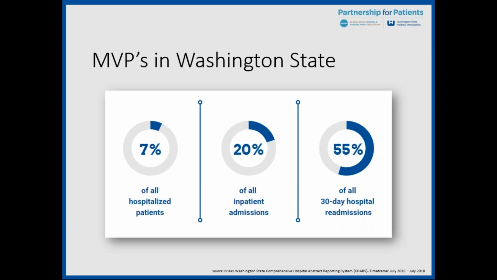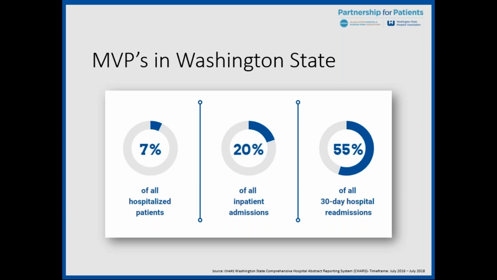And this distribution, through Dr. Boutwell, we've learned looks very similar, almost identical across the nation in every state. And in every hospital in Washington State, small and large, urban and rural, this distribution is very similar. So it really doesn't matter what size you are, it's still a very small percentage of patients contributing to more than 50% of 30-day readmissions.